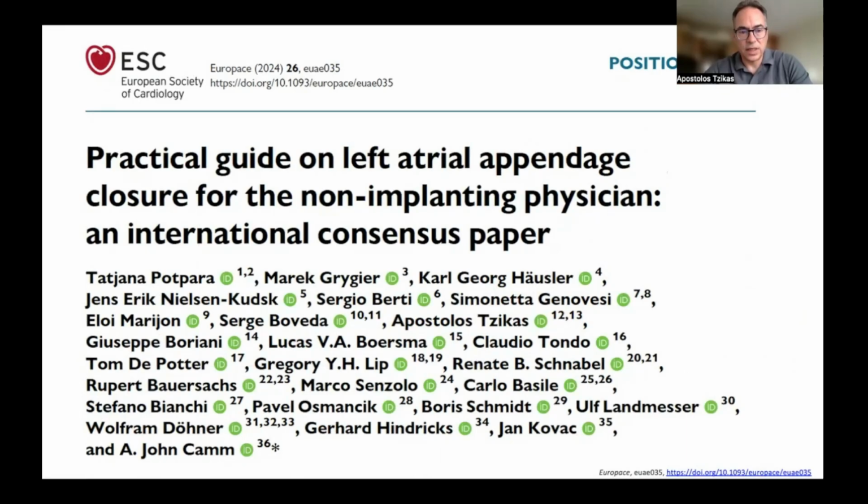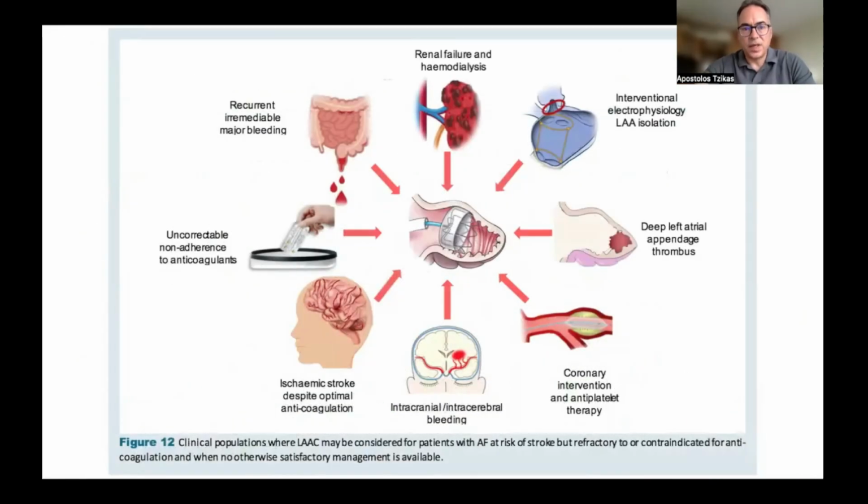Just to go back to the indications. You see here patients with recurrent major bleeding that cannot be corrected, patients with low adherence to anticoagulants, patients with ischemic stroke despite oral anticoagulation, patients with intracranial hemorrhage, or patients in which we want to avoid triple therapy after coronary stenting, patients with deep left atrial appendage thrombus, or the ones that have been isolated with ablation, or patients with renal failure and hemodialysis.